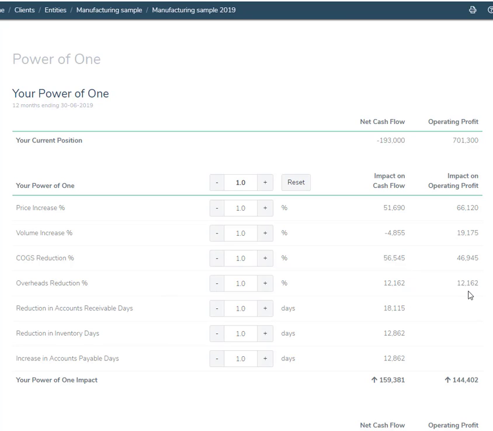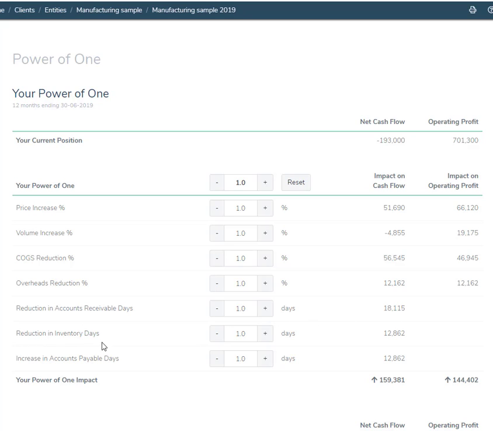Reduction in overheads, so for every dollar of overheads we can reduce, we get a dollar of cash in our pockets, which is great. And also reduction in accounts receivable days. Our accounts receivable days is really high at the moment, so we'd probably want to try and get that back to somewhere near 60 days, which it's nowhere near at the moment.